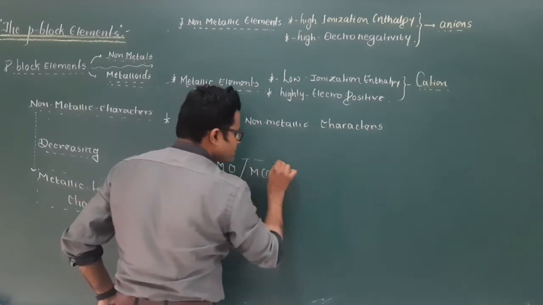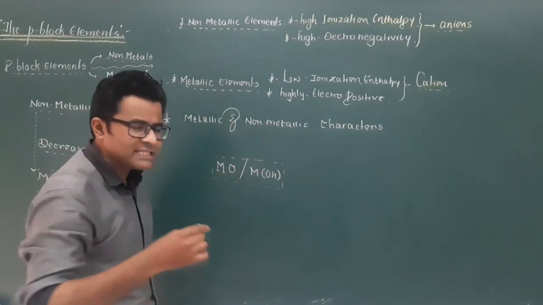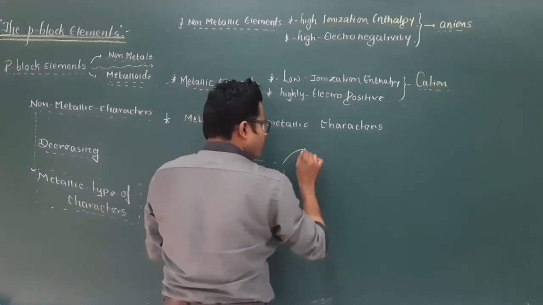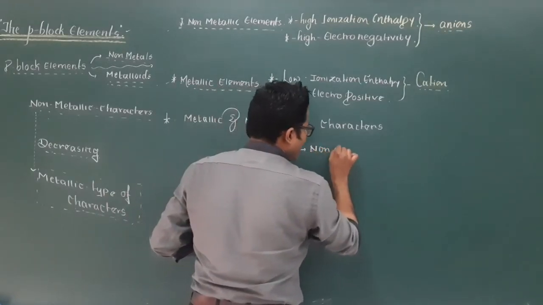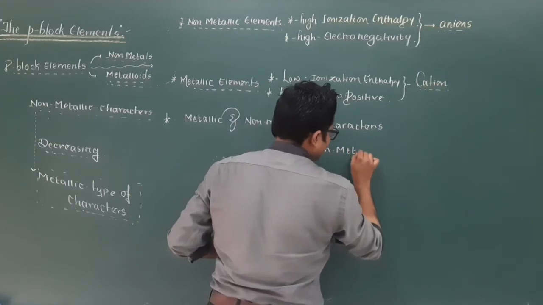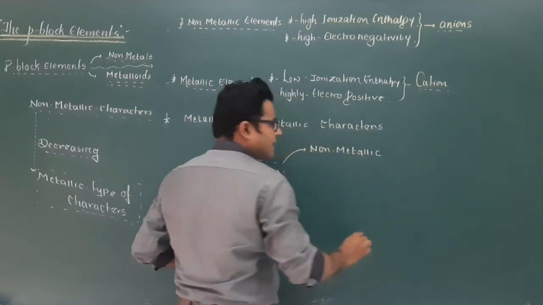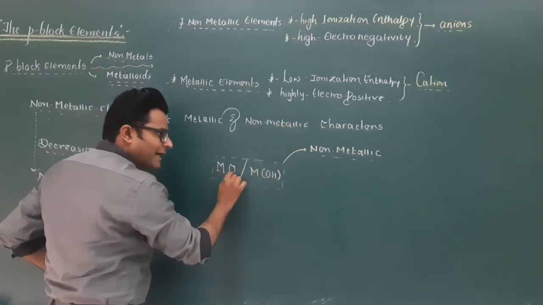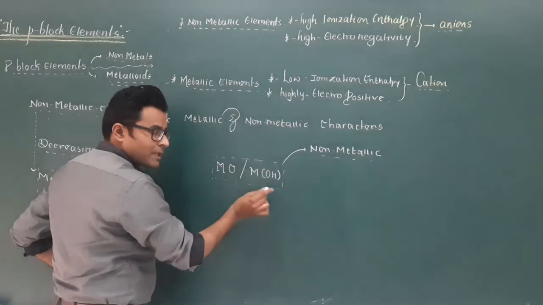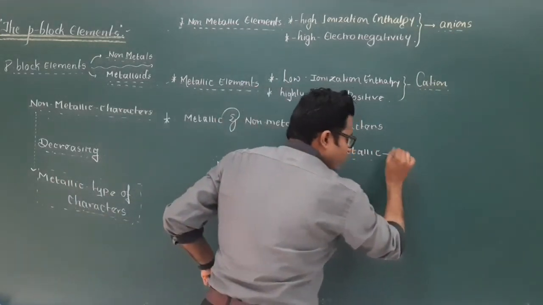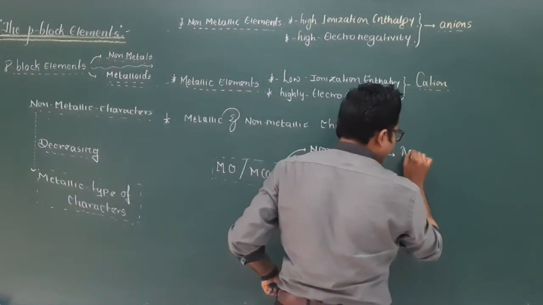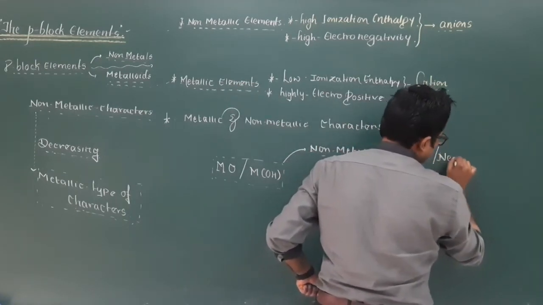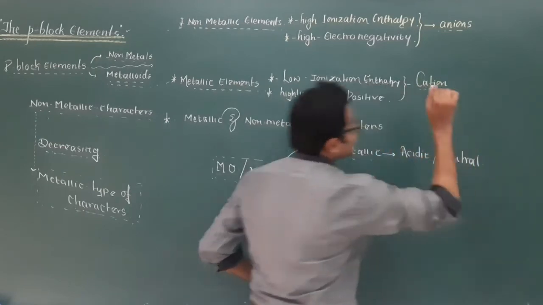Whenever those elements form oxides or hydroxides, if they are formed from a non-metallic element, then the oxide or hydroxide will be either acidic in nature or neutral in nature.